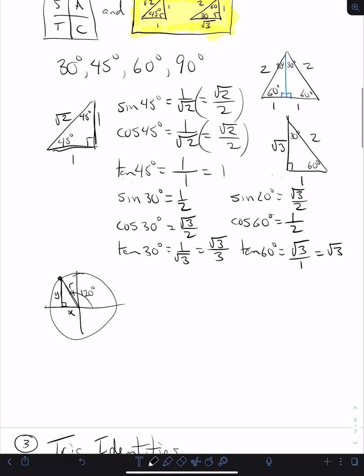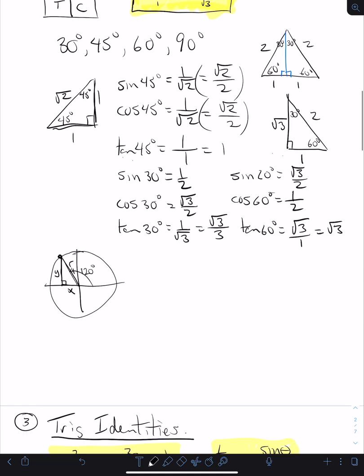If I look at this triangle, this angle here is the one I'm interested in. It will be 60 degrees. So 120 degrees is a multiple of 60 degrees. It is something I can use here. So it'll always be that angle inside that little triangle.